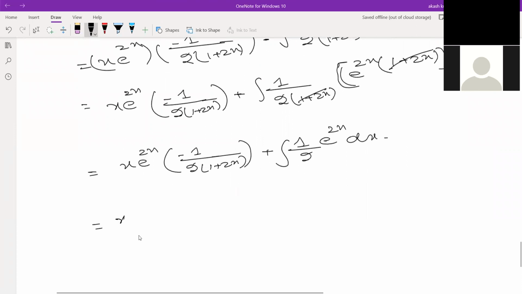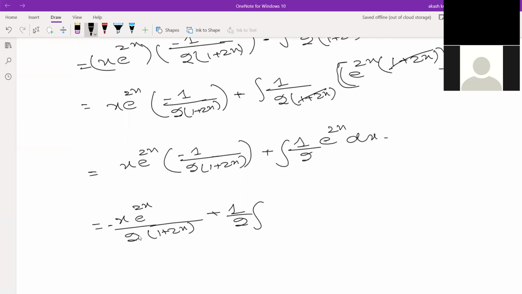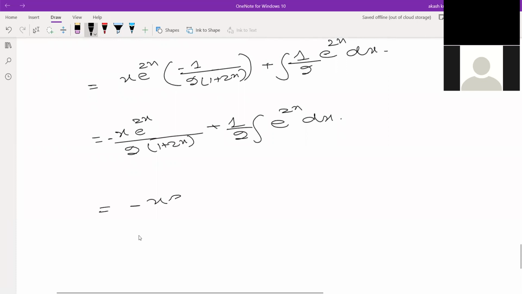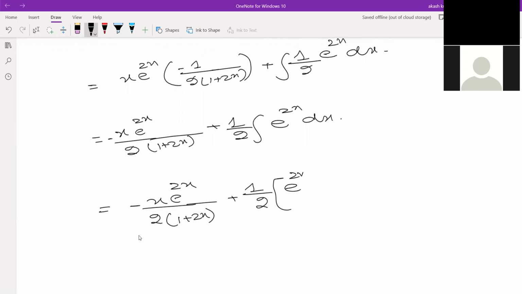Okay, now x e to the 2x minus 1 over 2, 1 plus 2x plus, taking half outside, the integral of e to the 2x dx.